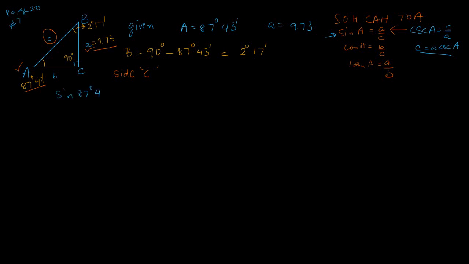87 degrees 43 minutes. Now remember, you want to use the given information as much as possible and not something that you are calculating, just in case you make a calculation error and then you use this number to solve the rest of the triangle, and that will cause a domino effect. If this is wrong, all the answers are wrong.